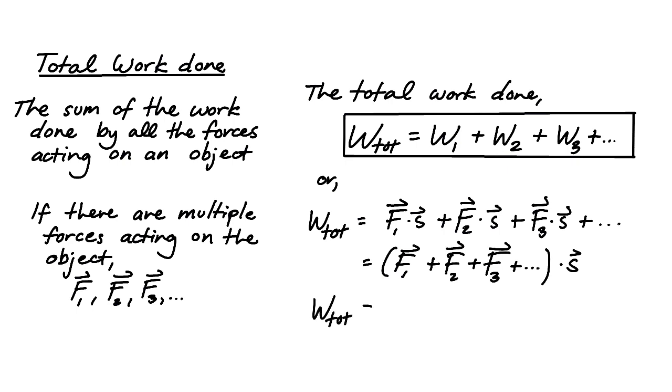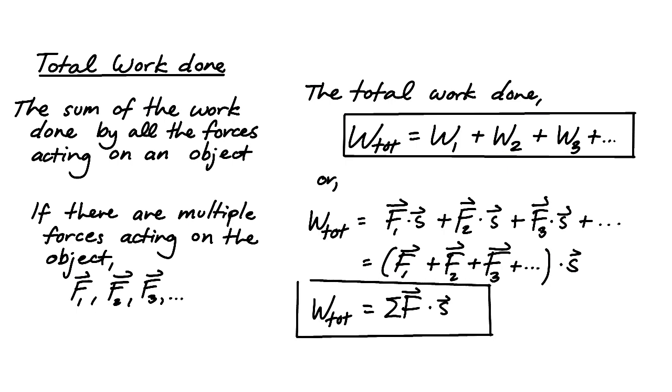So, we can write yung expression for total work done as the net force dot S. So, this is another equation that you can use to solve for the total work done on an object.